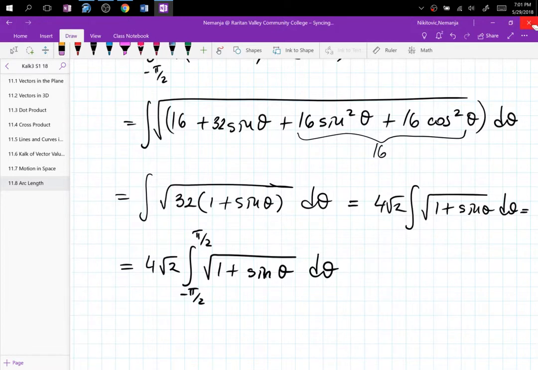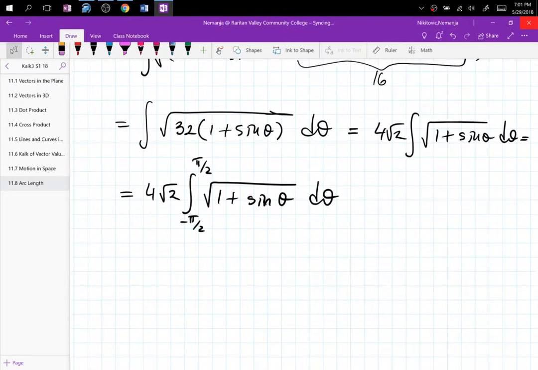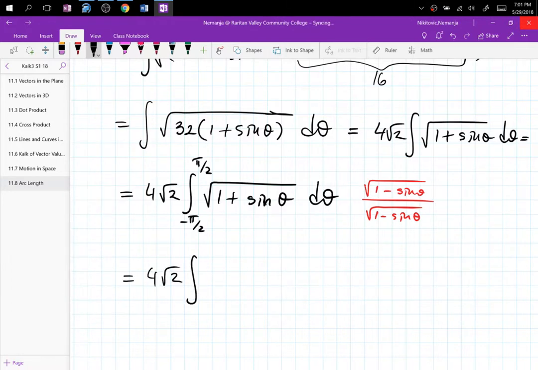Now we have 3 methods to deal with this. Let's use the conjugate, why not, right? So times the square root of 1 minus sine theta divided by the square root of 1 minus sine theta. That will give us 4 root 2 integral.